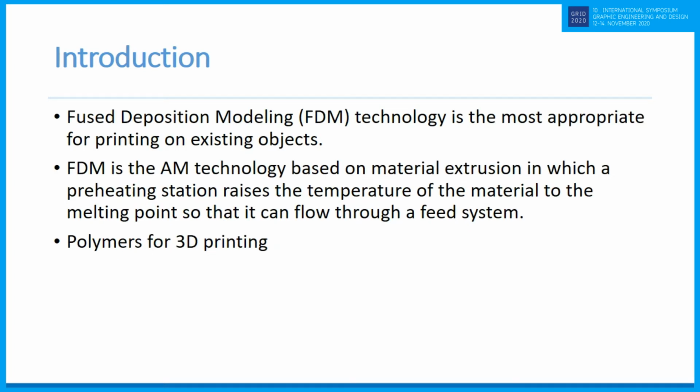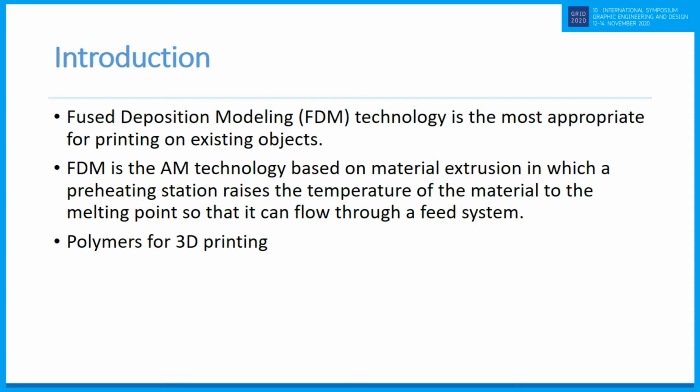There are different 3D printing technologies, but fused deposition modeling technology is the most appropriate for printing on existing objects. Therefore, it is usually used for production of multi-material objects with textiles. FDM is the additive manufacturing technology based on material extrusion, in which a preheating station raises the temperature of the material, which is a polymer, to the melting point so that it can flow through a feed system.